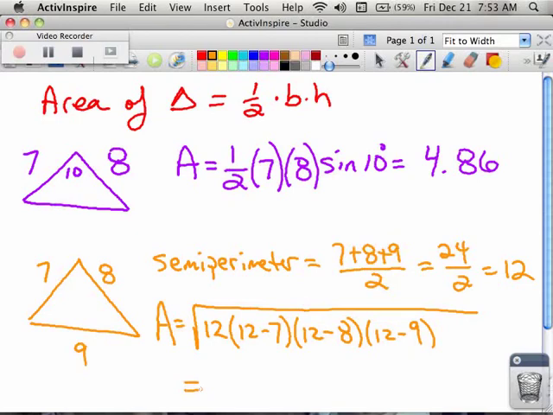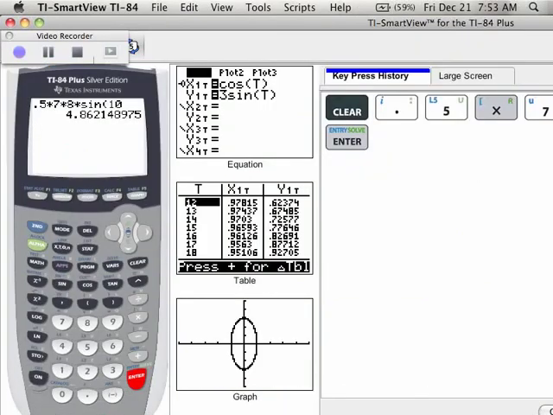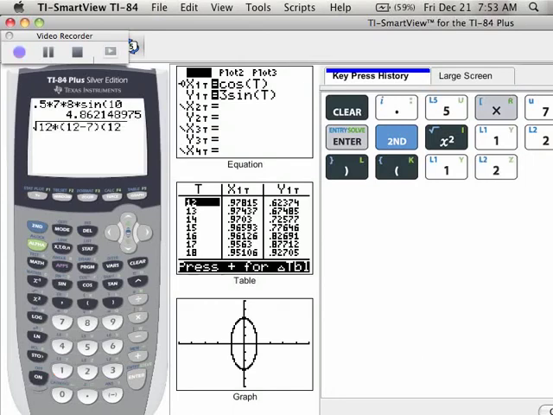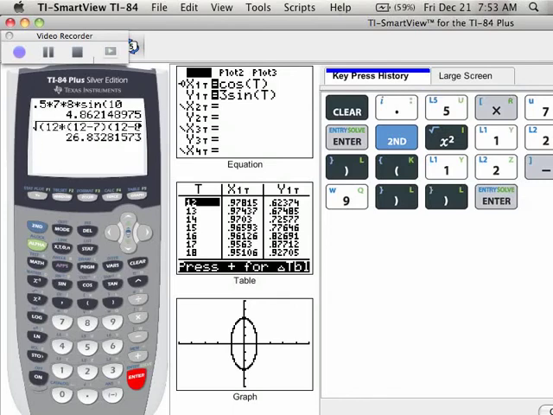And whatever pops out is your area. So let's try that. And I get 26.83.